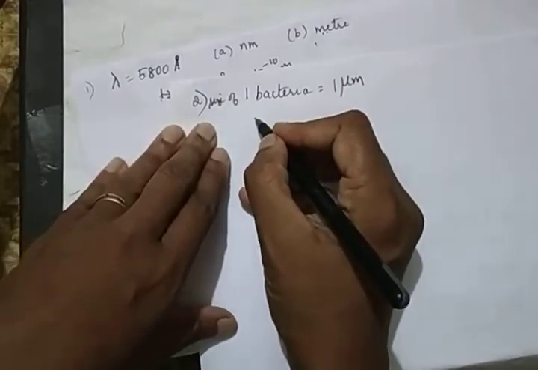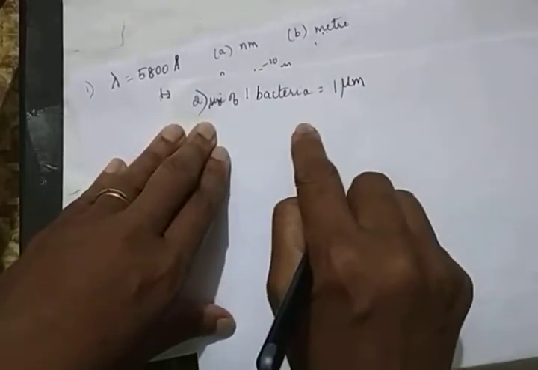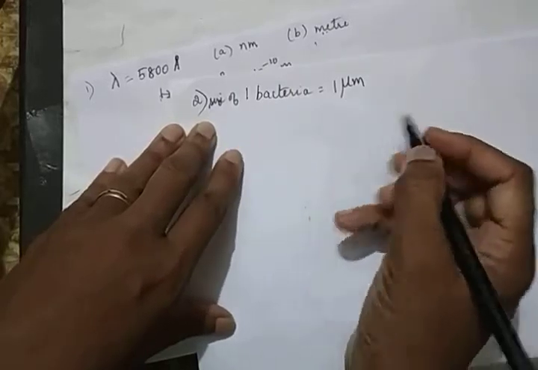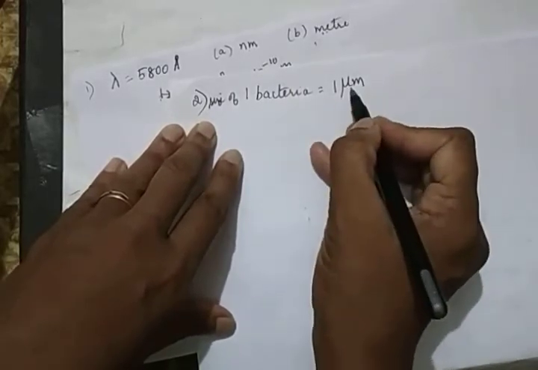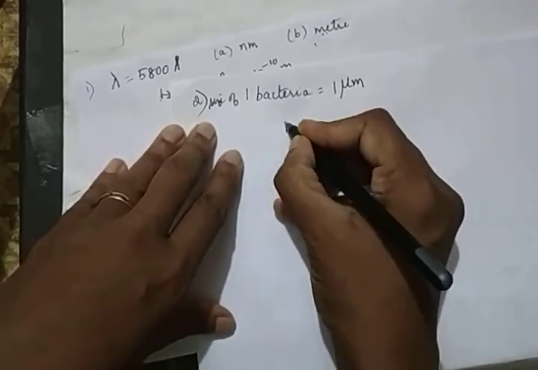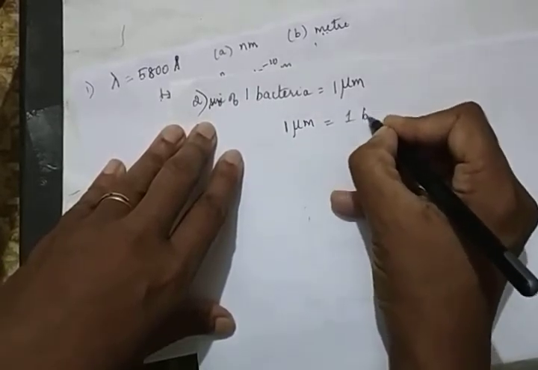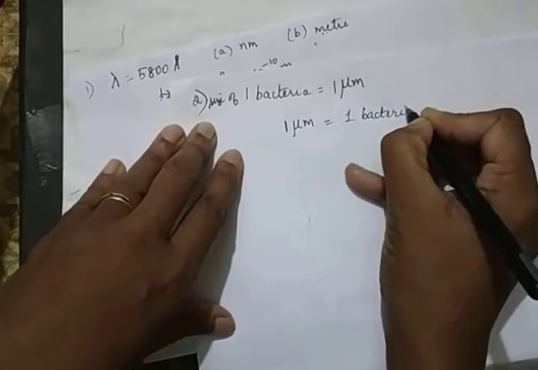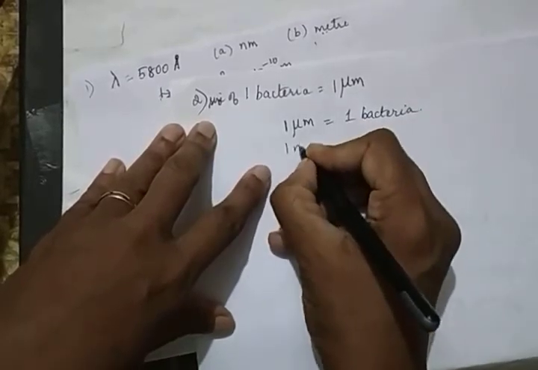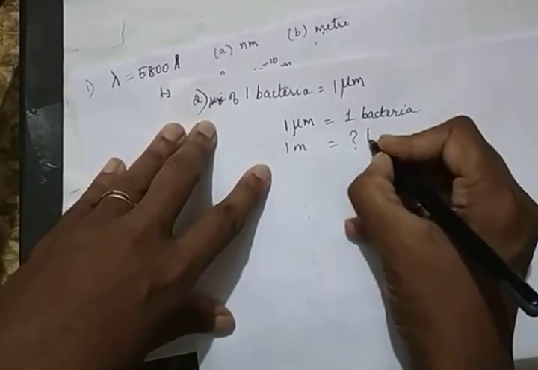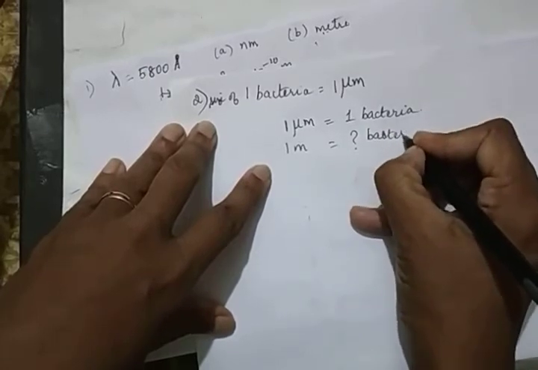If that is so, in 1 meter, how many bacteria will be there? So in 1 micrometer, there is only 1 bacteria. So in 1 meter, how many bacteria will be there?